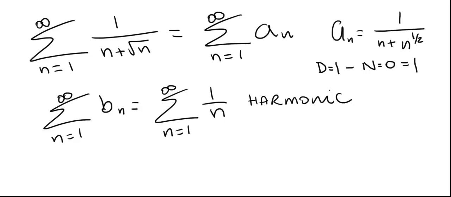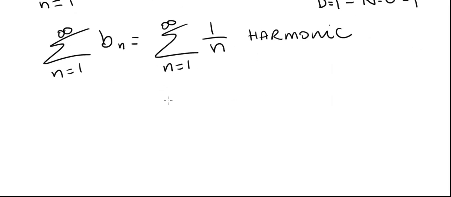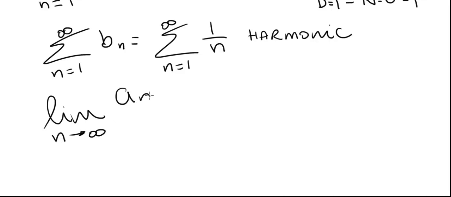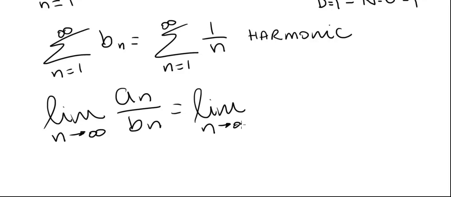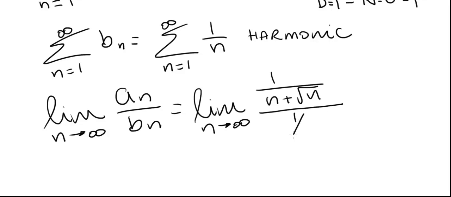Now let's use the limit comparison test. So we're going to take the limit as n goes to infinity of A sub n over B sub n. That is the limit as n goes to infinity of 1 divided by n plus square root of n, that's the A sub n term, over 1 over n, which is the B sub n term.